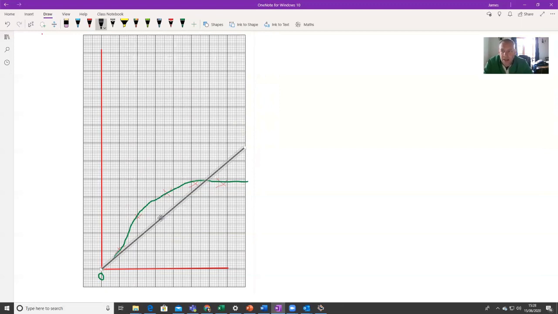And to do this, you can get data sheets for anything, or even just do a little experiment on your own. Do number of star jumps. You can do 1 star jump, take your pulse. Do 10 star jumps, take your pulse. Do 100 star jumps, take your pulse. Doesn't matter. You can do, if you want to, the number of goals scored by your favourite football team in different minutes of a game.